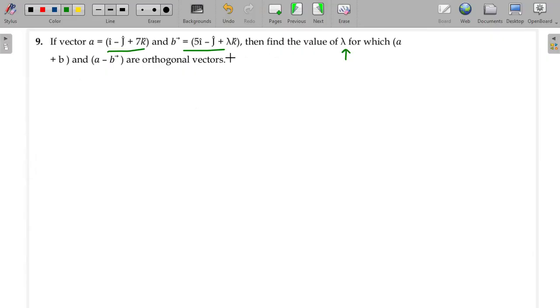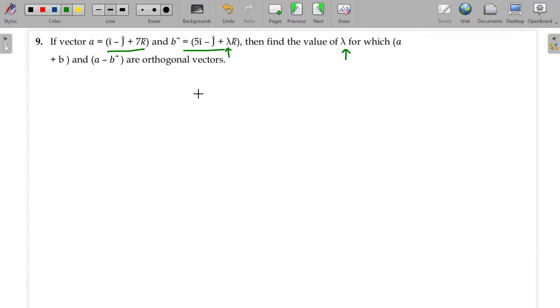We can see the lambda is a part of this vector B. Find the value of lambda for which A plus B and A minus B are orthogonal vectors. When they say orthogonal vectors, it simply means their dot product is equal to 0.